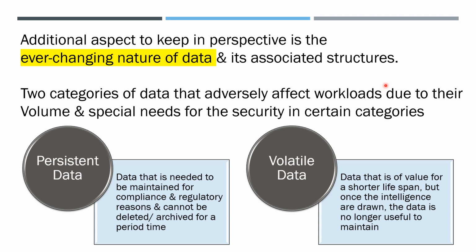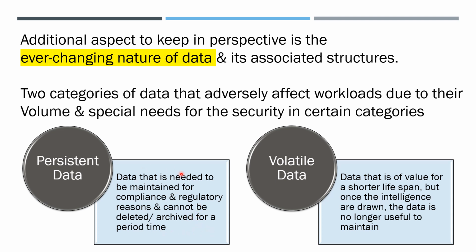The impact of data itself is one of the most ignored areas that affect workloads of the data warehouse and data marts. So there are two categories here of data that adversely affect workloads due to their volume and special needs for security in certain categories, which are persistent data and volatile data. So what is persistent data? Persistent data is data that needs to be maintained for compliance and regulatory reasons and cannot be deleted or archived for a period of time.